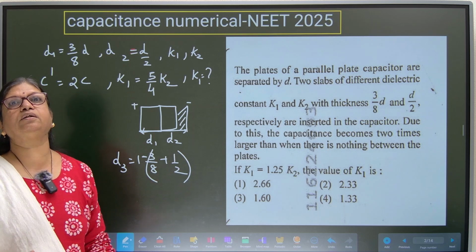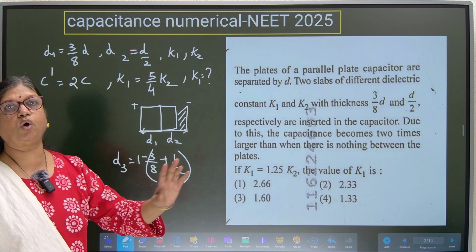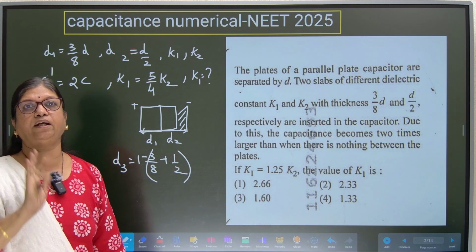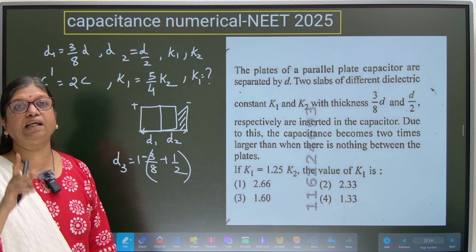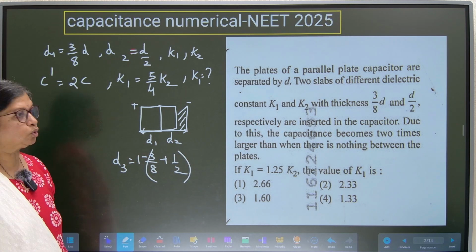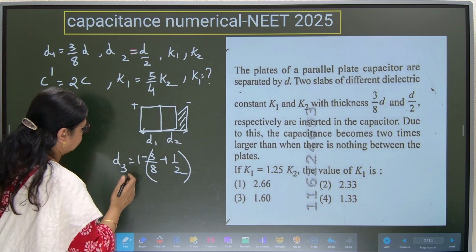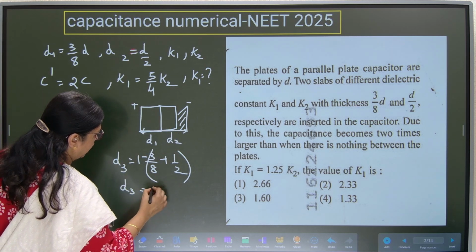Normally, children just jump to the conclusion. There are two dielectrics, so just put K1, K2 and find out. Search whether the distance is equal to 1 after adding these fractions. It is not. So that means there is a space d3.